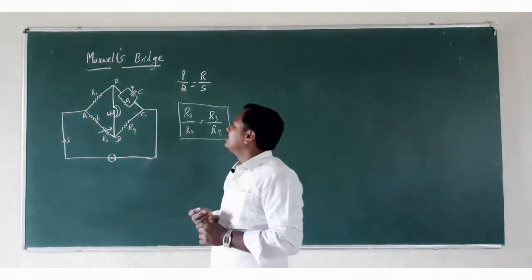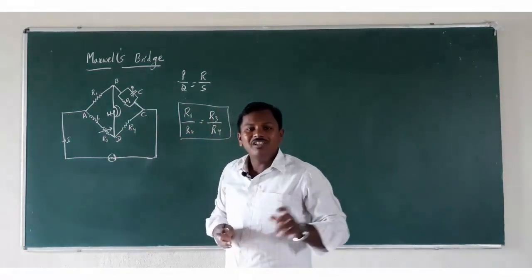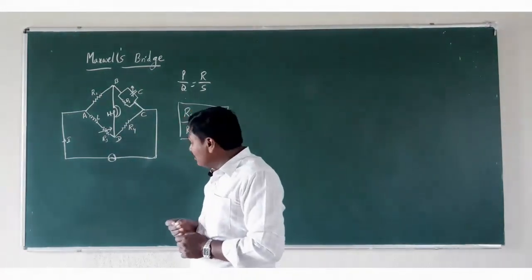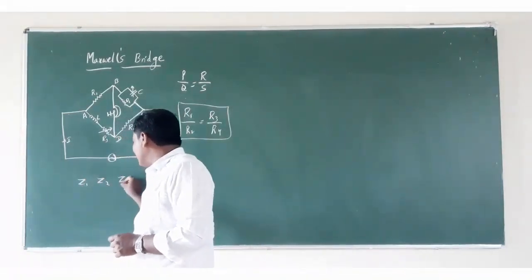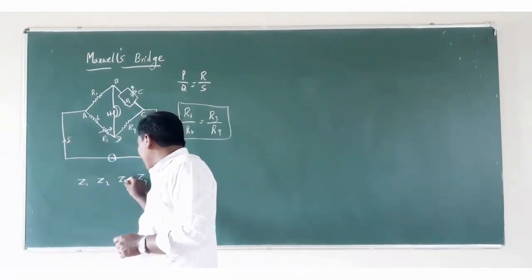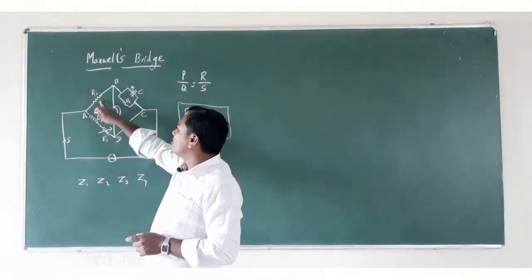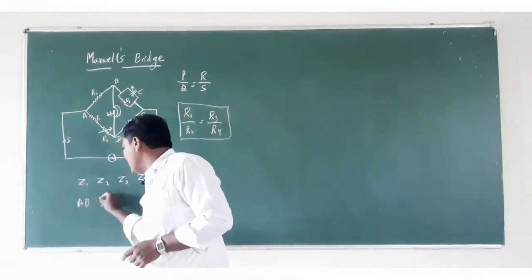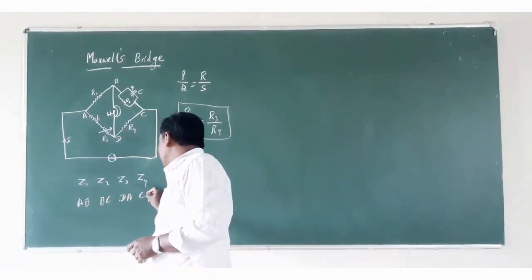But here in this Maxwell's bridge they designed this bridge to determine the self-inductance value. So let us consider Z1, Z2, Z3 and Z4 are the impedance values for the branches AB, BC, DA and CD.